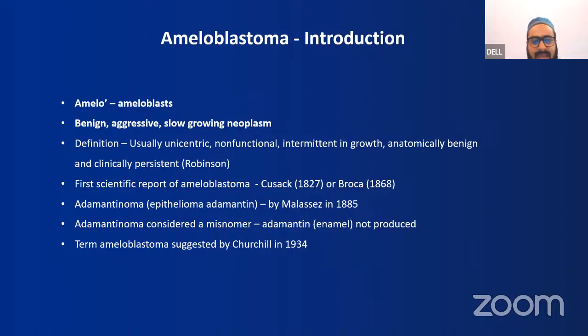Robinson has described it as usually unicentric, non-functional, intermittent in growth, anatomically benign, and clinically persistent. If we look back into the history, the first clinical report of an ameloblastoma was given by Cusack in 1827, and a detailed description was given by Broca in 1868.